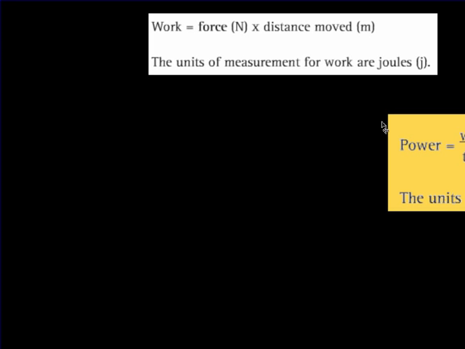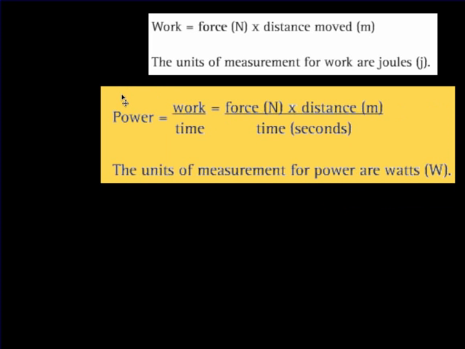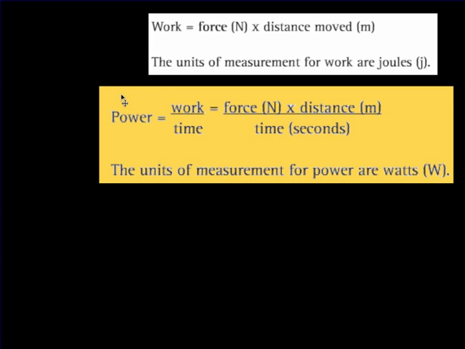So when we move on to power, this is the equation that we need to be aware of. So power is the rate at which work is done and involves applying the concept of time. So work divided by time. More accurately, again, force measured in newtons times by a distance, which is always in meters, divided by the time, which is in seconds.